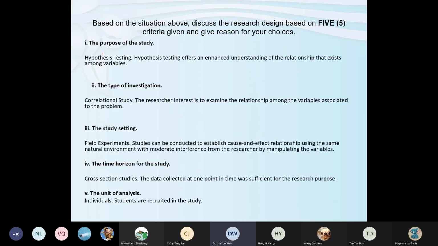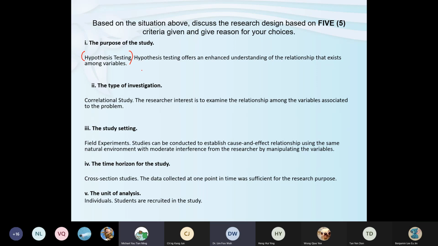So the answer is hypothesis testing. Writing down hypothesis testing is not enough; you need to explain. Usually people explain according to the definition, and bear in mind, you have to use your own words to write the definition or your explanation. Don't copy word for word or copy paste from the slide. Your vetter, your second marker, is very, very strict on this matter.